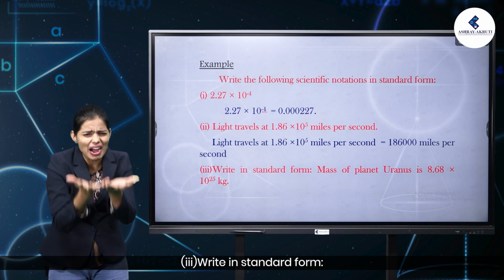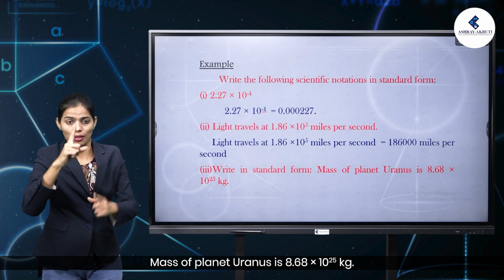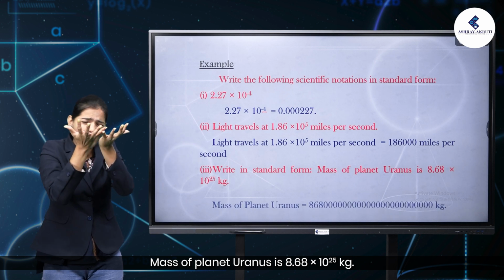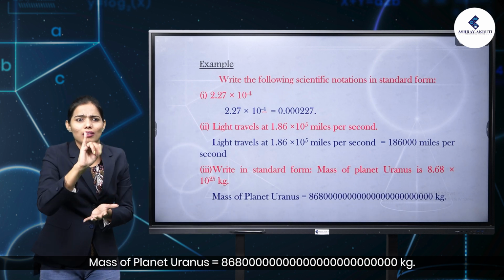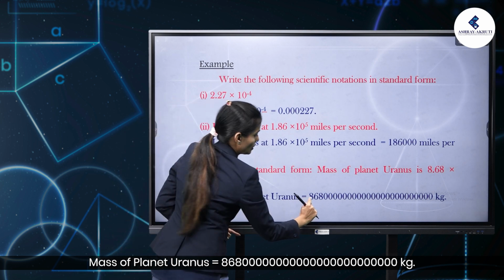Write in standard form. Mass of planet Uranus is 8.68 into 10 power 25 kg. Mass of planet Uranus is equal to 8680 and so on kg.